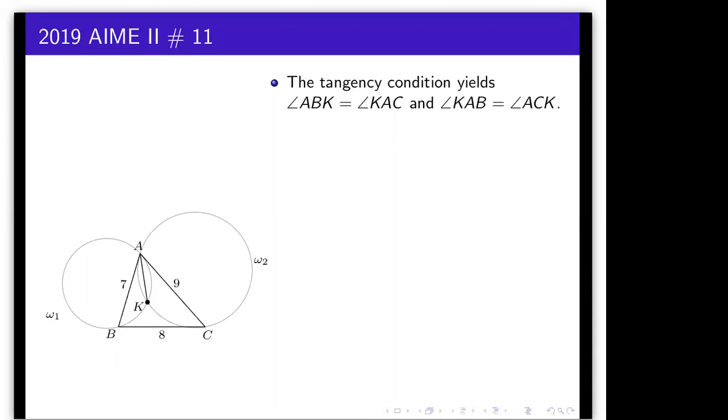Now, triangles ABK and CAK have two equal angles, so they are similar. We have BKA is similar to AKC.